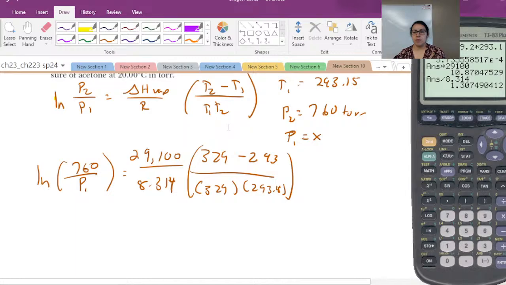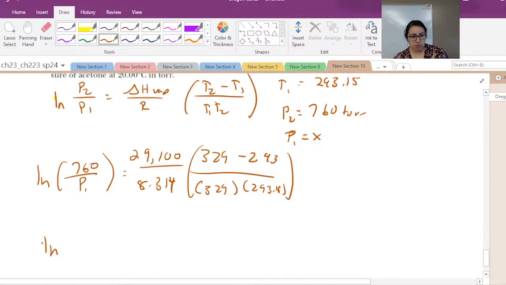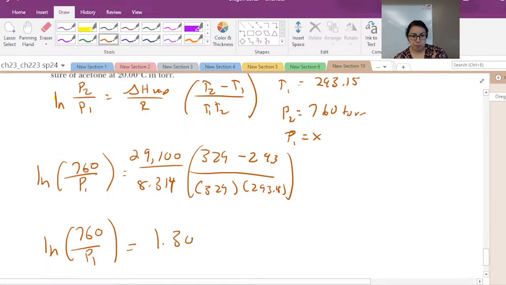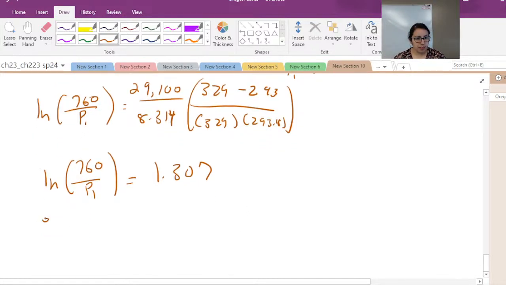So far I have this, and just double check. Natural log of 760 over P1, or X, is equal to 1.307. Then we can take everything to the e.